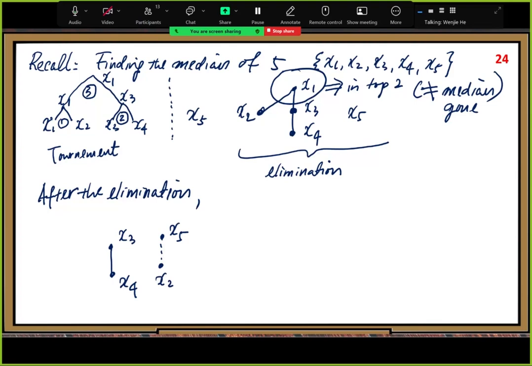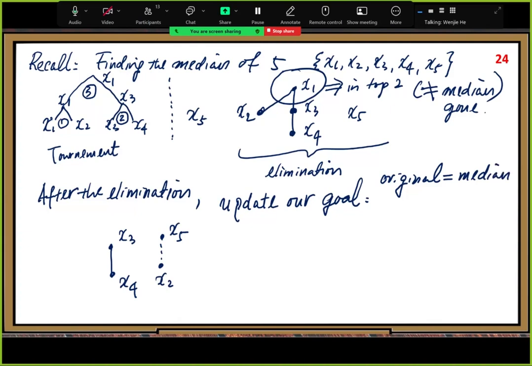Yeah. But we need to know our goal. We need to update our goal, right? Before we do further comparisons, we need to update our goal, because our original goal is finding the median. Let me just write the median.